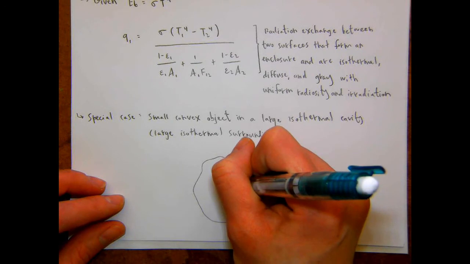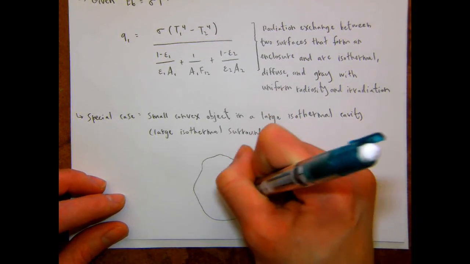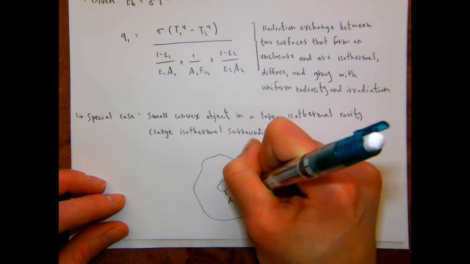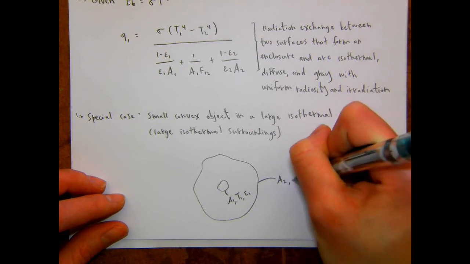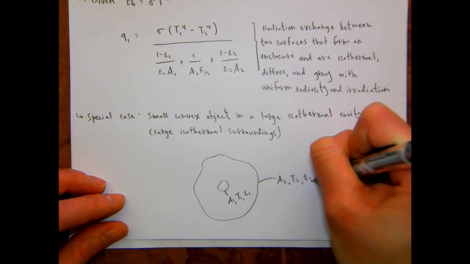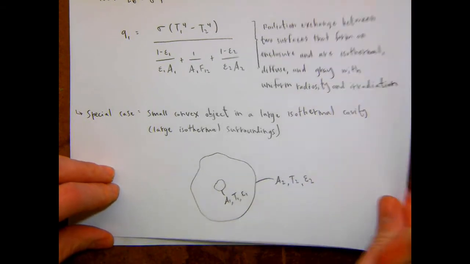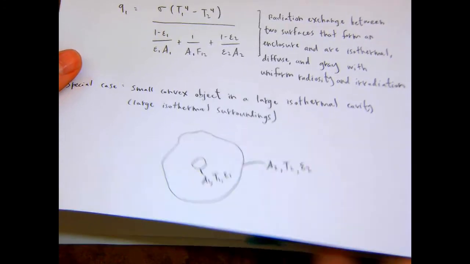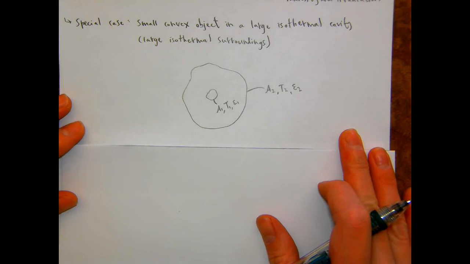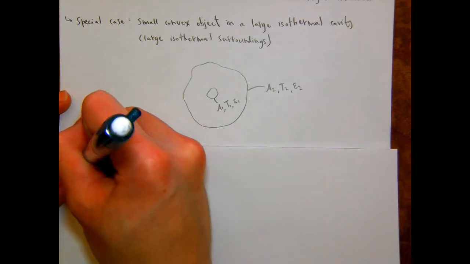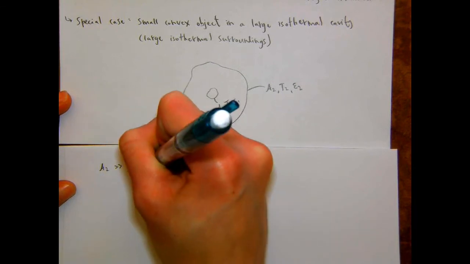So we have surroundings, we have a small object. The object has a certain surface area, temperature, emissivity, and the surroundings, which are surface 2, have a different area, temperature, and emissivity. We're going to say that A sub 2 is much, much larger than A sub 1.